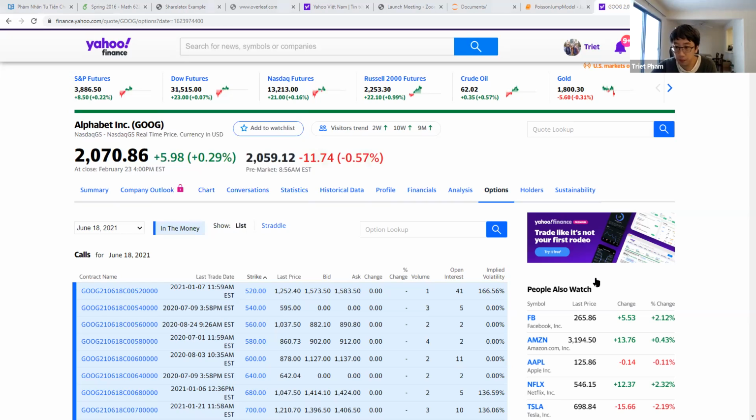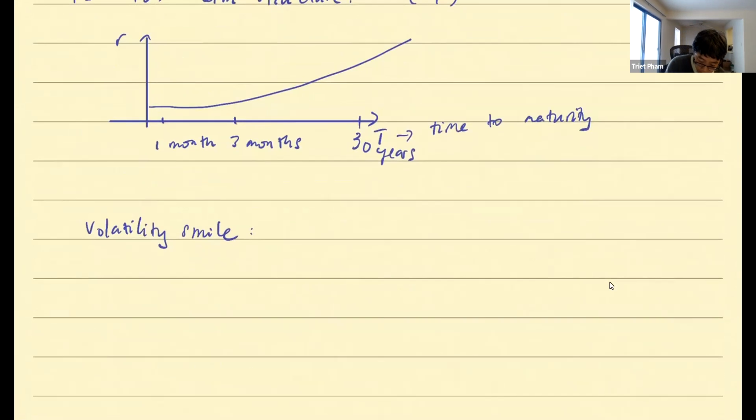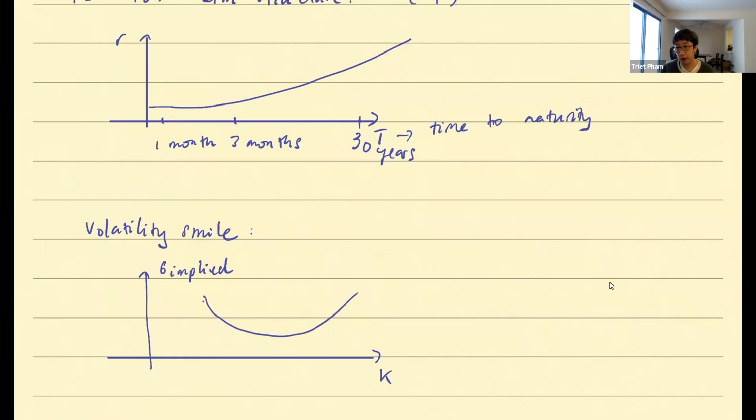And so what that tells us, right, is that implied volatility as a function of strike is something we may be interested in, and usually it follows this kind of graph, a parabola.